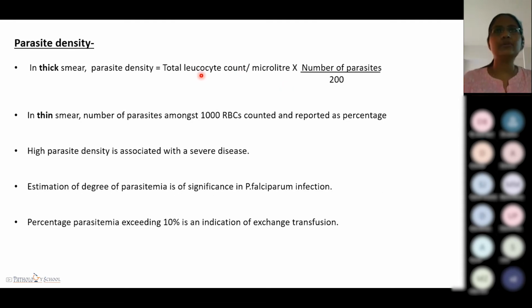And how do we calculate the parasite density? In thick smear, total leukocyte count per microliter is multiplied by the number of parasites in 200 WBCs. And we don't count gametocytes, as they are not infective stages. And in thin smear, the number of parasites among 1000 RBCs is counted and reported as a percentage.